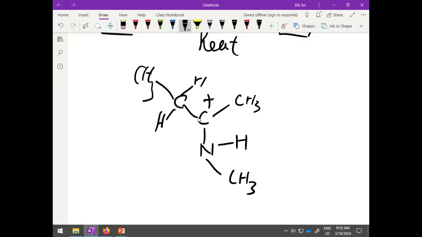You actually have three types of beta protons. Let's say you have a black beta proton, a red beta proton, and also a green beta proton. Which beta proton is most likely to leave?